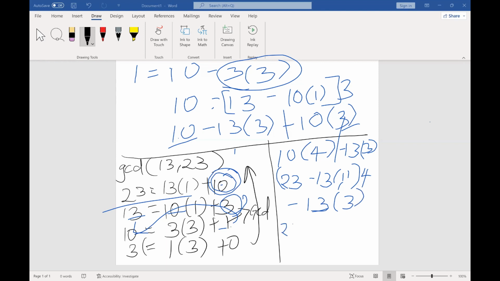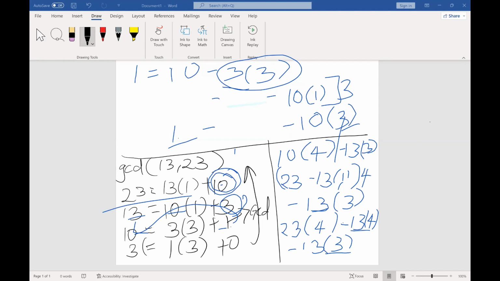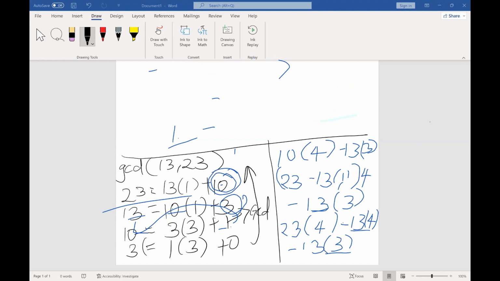Then that becomes 23 times 4 equals 1 minus 13 times 4 minus 13 times 3. Like terms together. So that becomes 23 times 4 minus 13 times 7. So that means that 1 can be expressed this way.